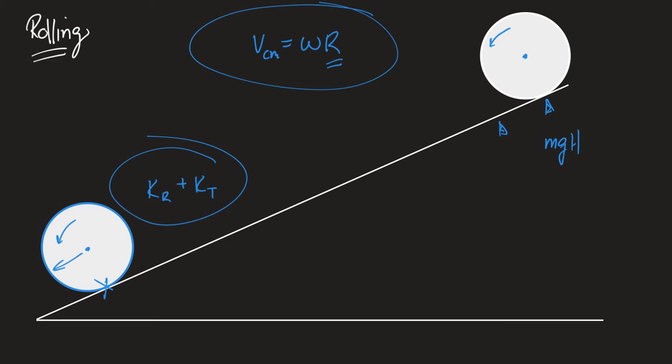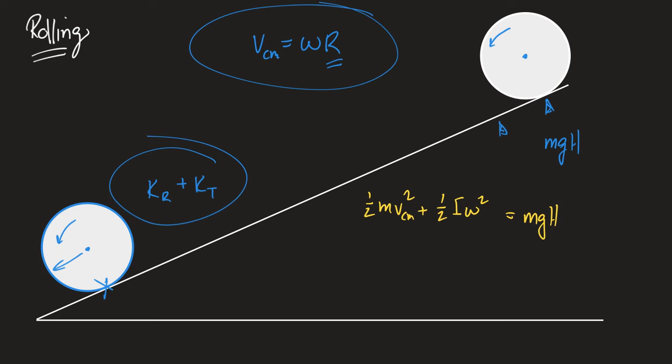Now, the only difference between this conversation between first semester and second semester is that from now on, your energy calculation needs to be mindful of the possibility of two forms of kinetic energy.